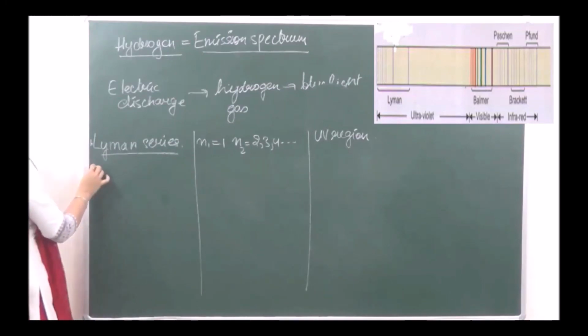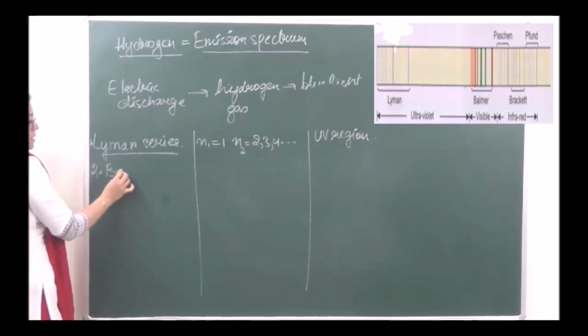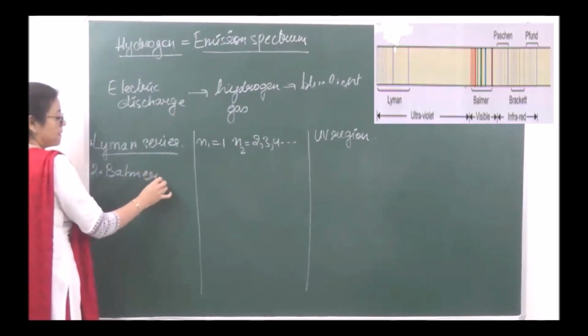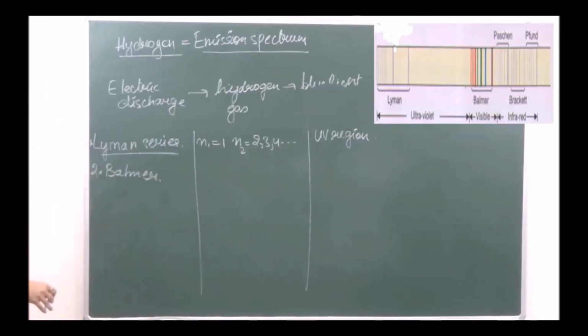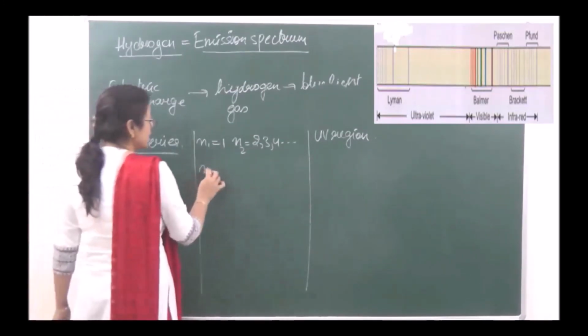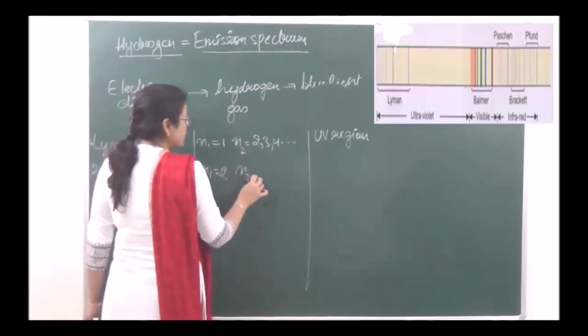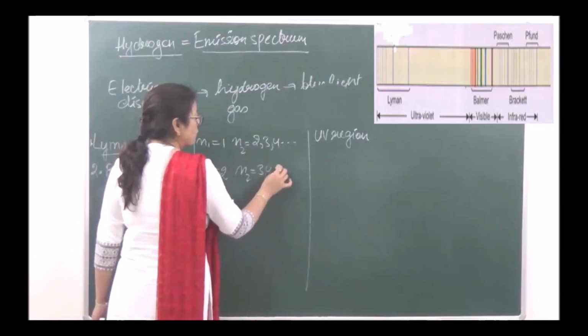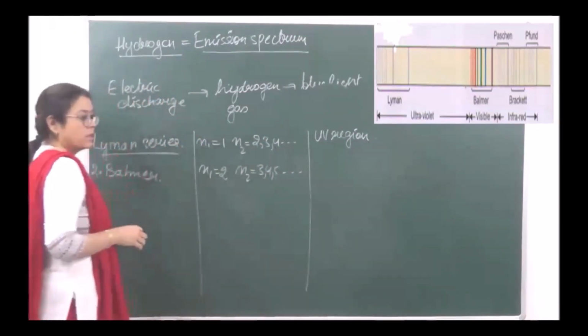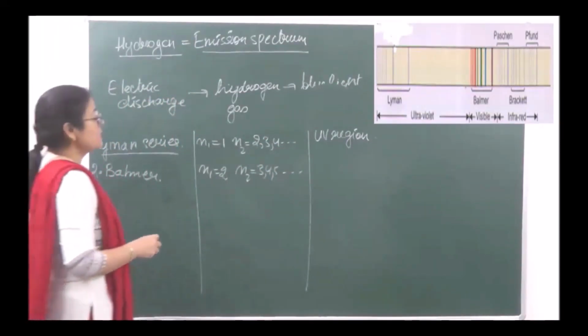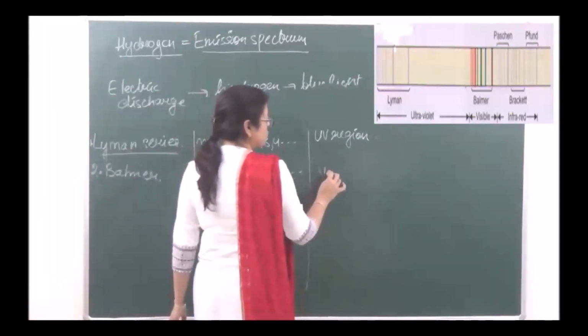Then the second series was the Balmer series. For Balmer series, N1 is equal to 2 and N2 is equal to 3, 4, 5 and so on. And Balmer series is the only series which falls in the visible region.